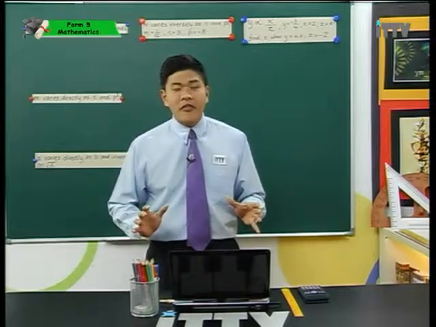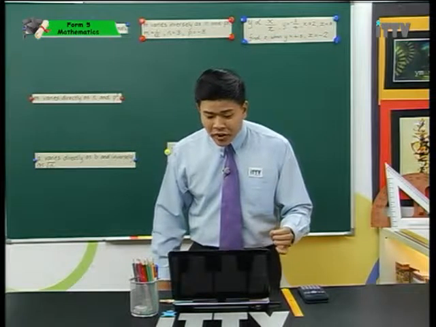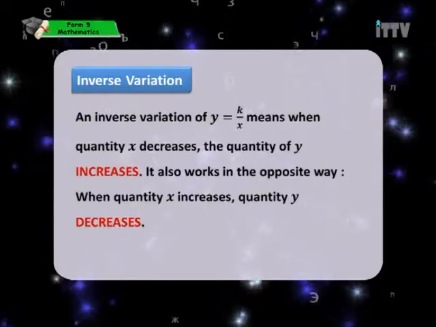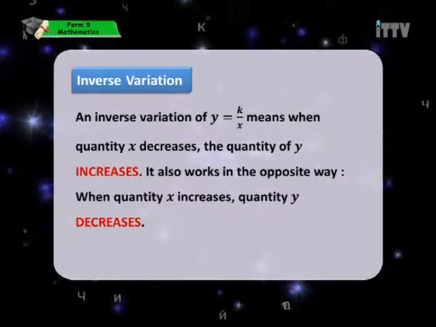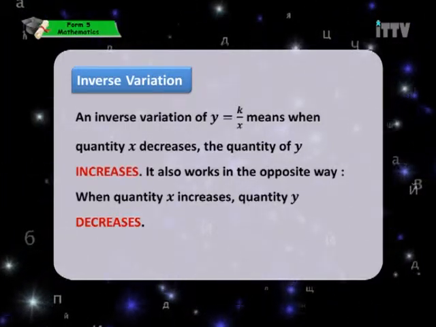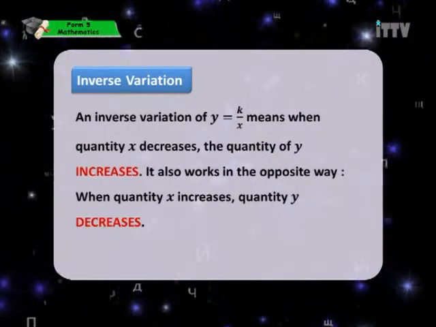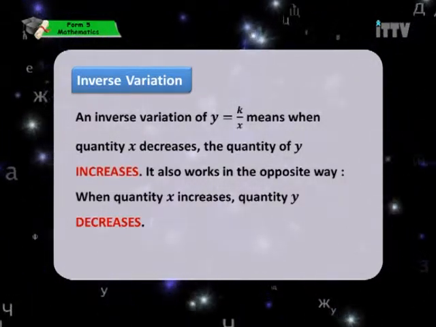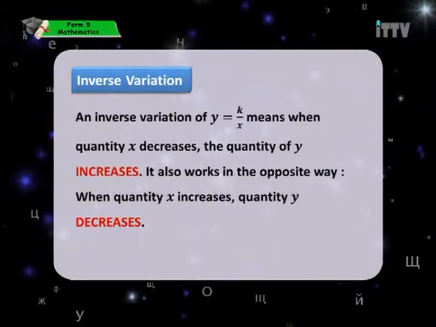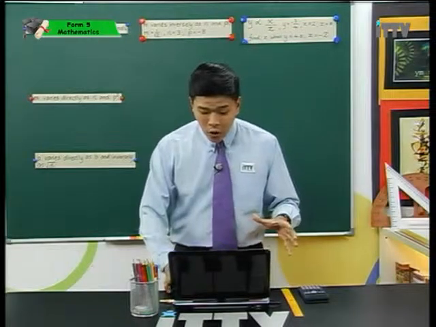Alright, what about inverse variation? A bit of revision right here. An inverse variation of y equals k over x means when quantity x decreases, the quantity of y increases. It also works in the opposite way. When quantity x increases, quantity y decreases. Alright, let's go on.